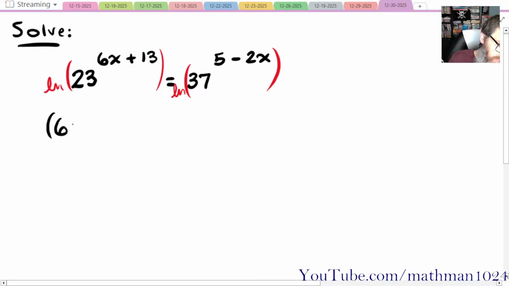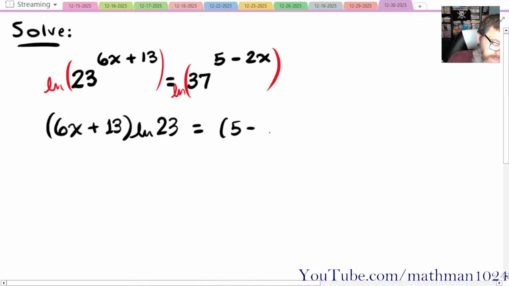Now again, you have multiple pieces in the power, so you have to use parentheses here. So we have the group 6x plus 13 times the natural log of 23. On the right side, you will bring down the group 5 minus 2x times the natural log of 37.